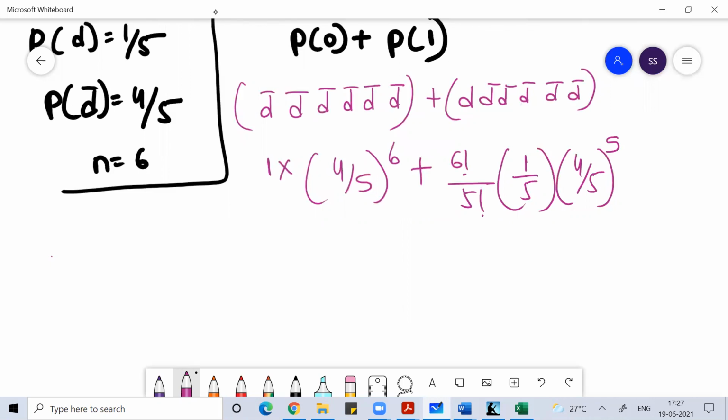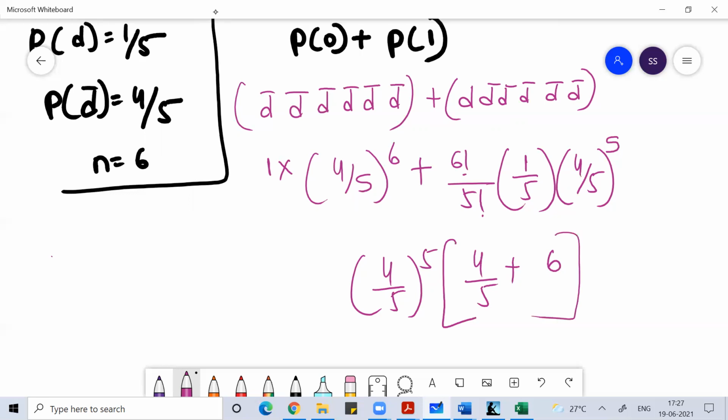So you can take 4 by 5 to the power 5 common. You'll get 4 by 5 plus 6 factorial by 5 factorial, which means 6. So 4 by 5 to the power 5 I've taken common, right?